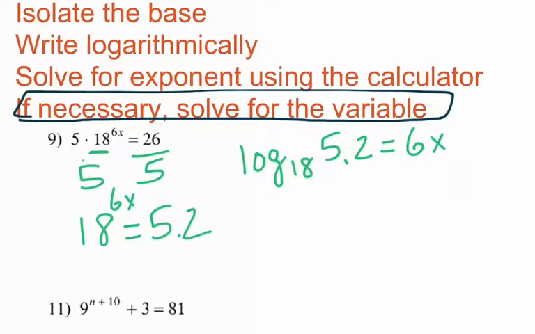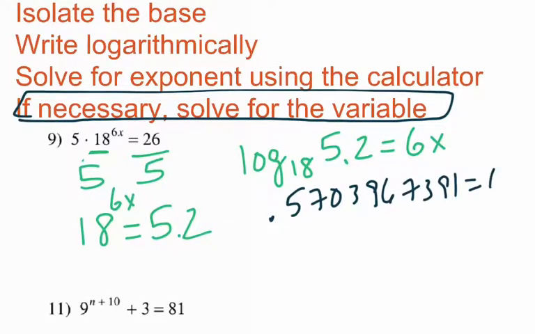In order to solve for our equation, we have to actually take this number, which in this case is 0.57039673991, and in order to solve for x, we need to divide this by 6.